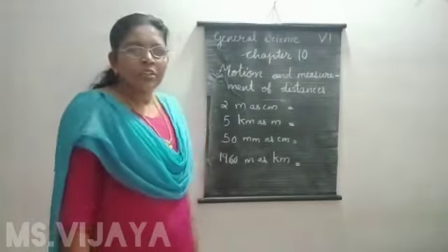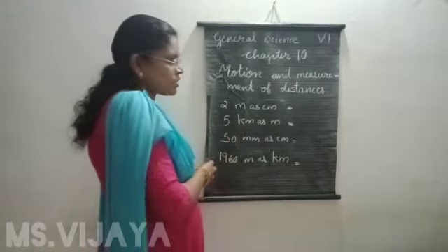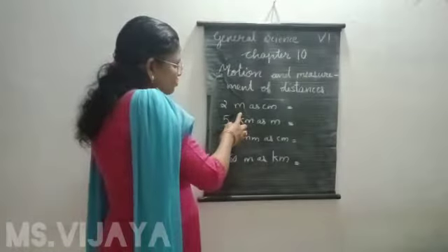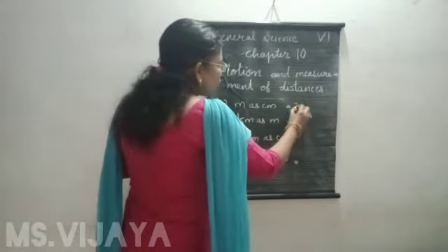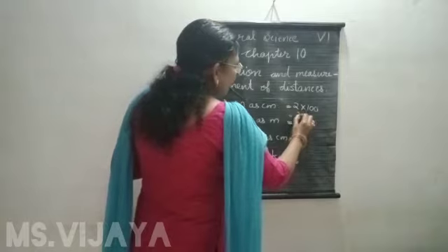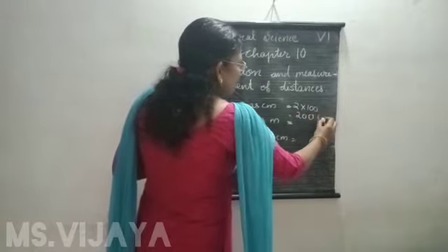Now, we are going to convert these measurements. Look here. 2 meter, that we convert to centimeter. How do we convert this? You know that 1 meter is 100 centimeter. So, what about this 2 meter? 2 into 100 equals 200 centimeter.